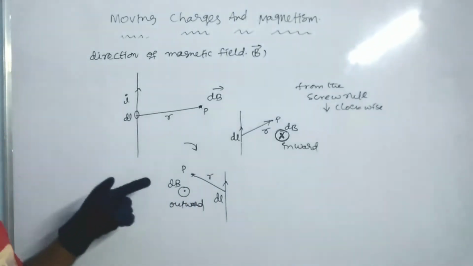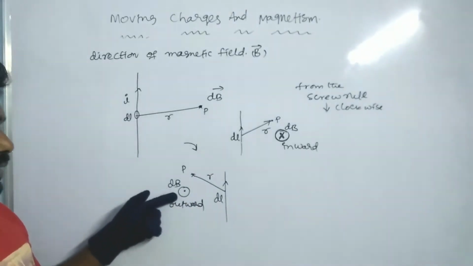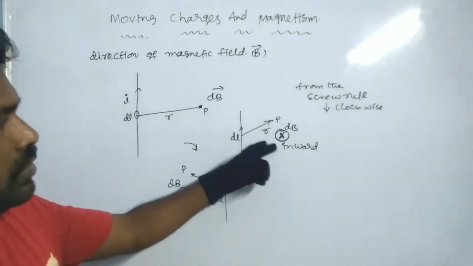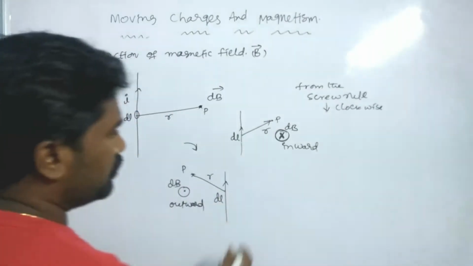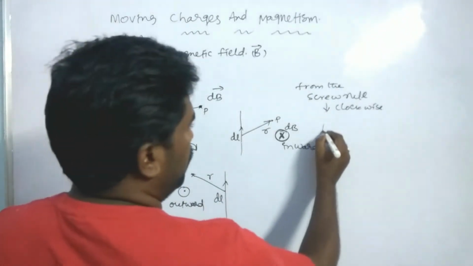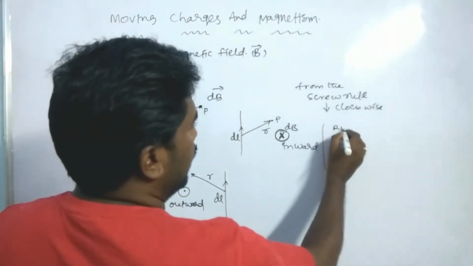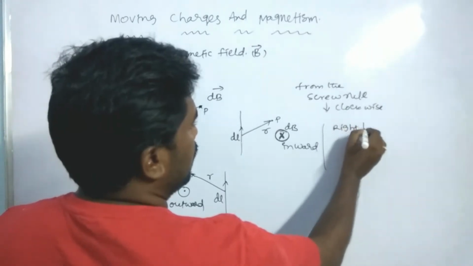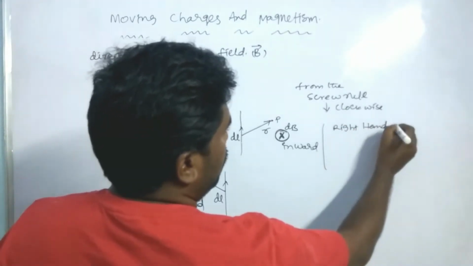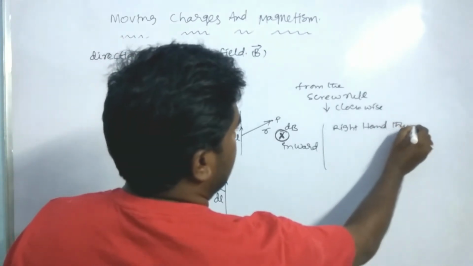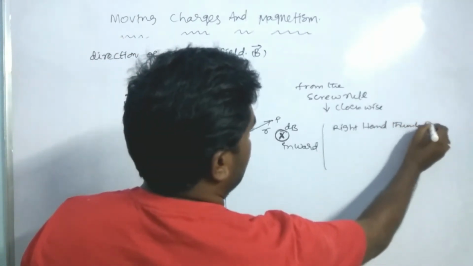Outward will be denoted by this symbol and inward should be denoted by this symbol. Here the best method you have to remember is the right hand thumb rule. Right hand thumb rule.